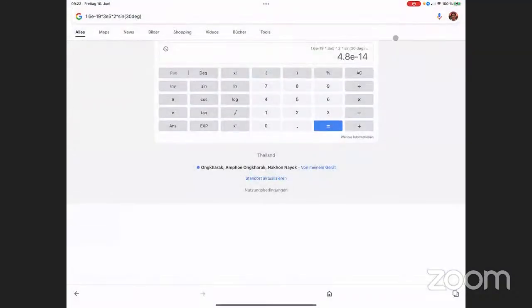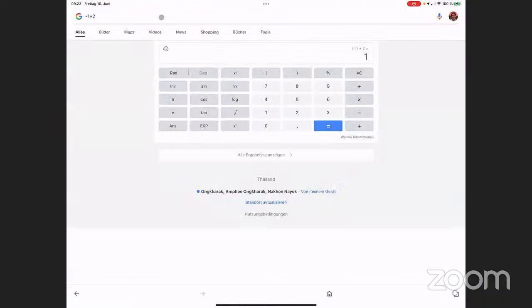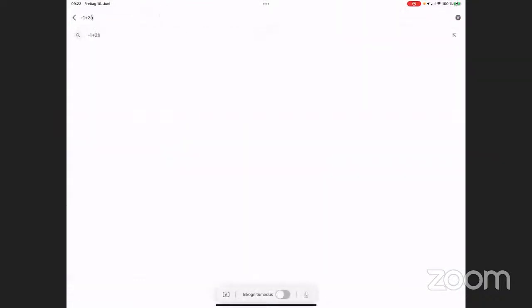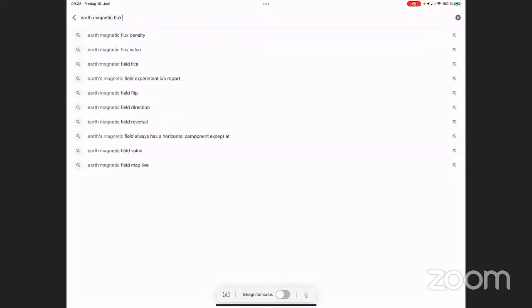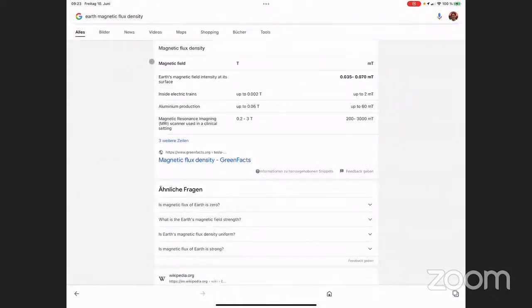For example, if you ask Google for Earth's magnetic flux density, it might be different. Magnetic field can be from 0.035 to 0.07 millitesla.